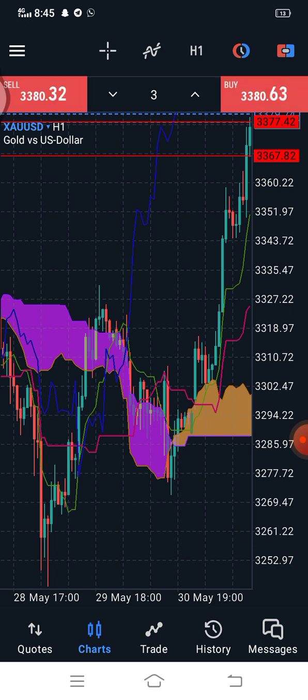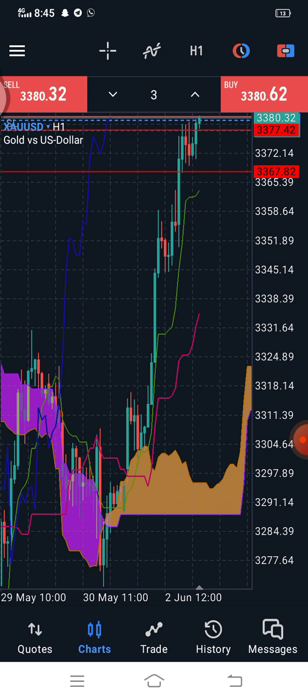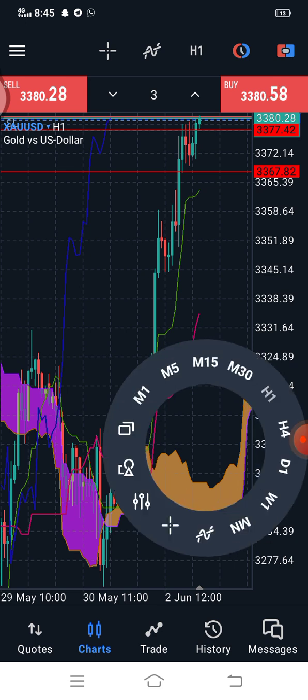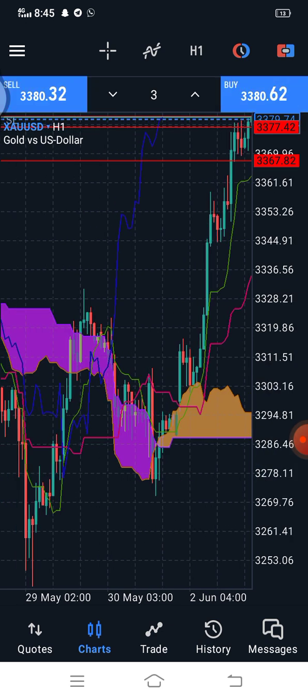Two, the cloud. The last cloud must be the color of a bullish trend. The up one we talked about is this orange colored one, so that is bullish. And the down one is the purple one.